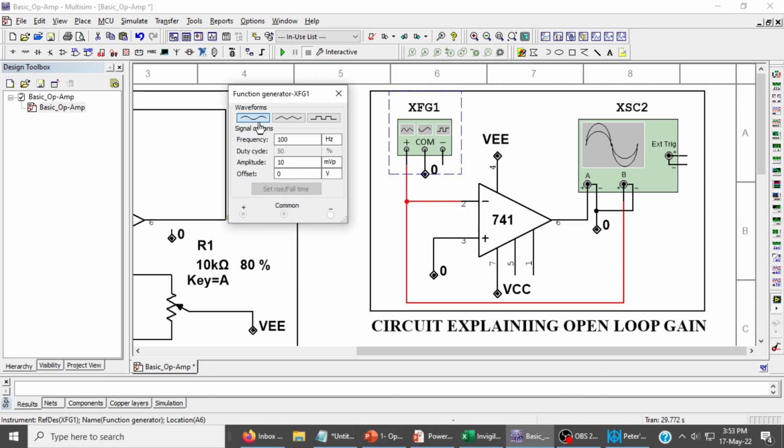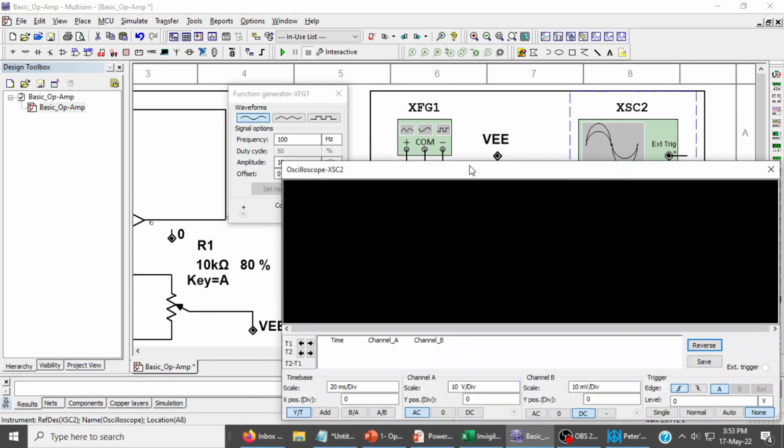It is a sine wave, 100 Hz, 10 millivolt, connected to pin number 2. Pin number 3 is grounded. So this is basically an inverting amplifier, but open loop, so there is no feedback and no loop. I am connecting pin number 6 to channel A and pin number 2 to channel B, depicted in red color.